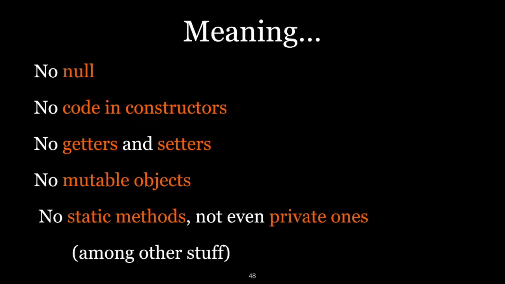Meaning no null, no colon constructions, no getters, setters, mutable objects, static methods, not even private ones, among many other things. And I won't go into detail, but I'll just give you a few examples of how some of these translate in terms of maintainability and sometimes readability of the code you write on a daily basis.